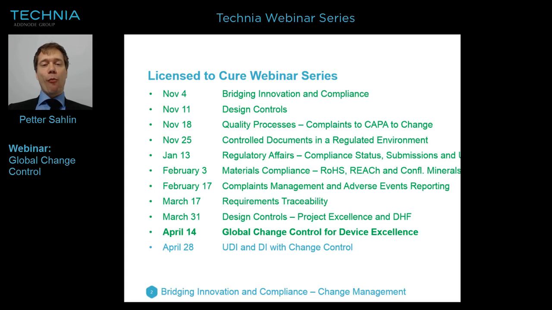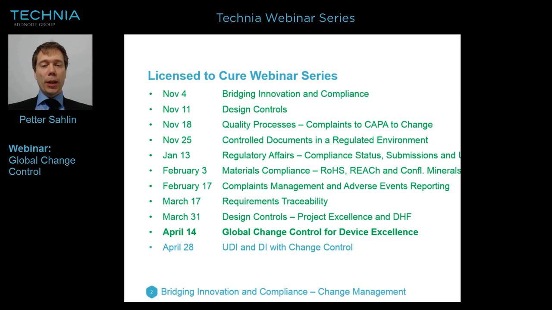We have gone through an overview of the regulatory filing module, which covers submissions and generation of device identifiers. We have passed by topics such as materials compliance, which is a subset of product compliance, covering areas such as RoHS, REACH, and conflict minerals.